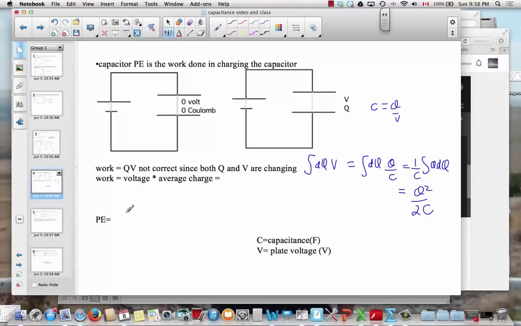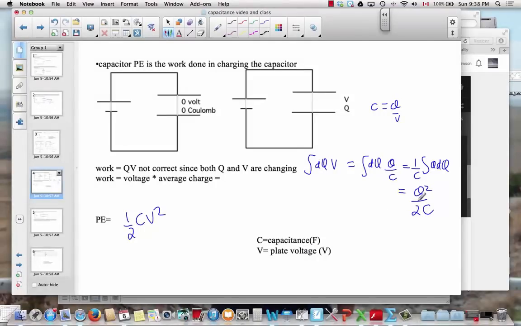We can write it as, and this is the way it's usually written, by substituting in for Q, put it in as CV, be C squared V squared, cancel off the C, you get 1/2 CV squared. So that's the energy stored in the capacitor.